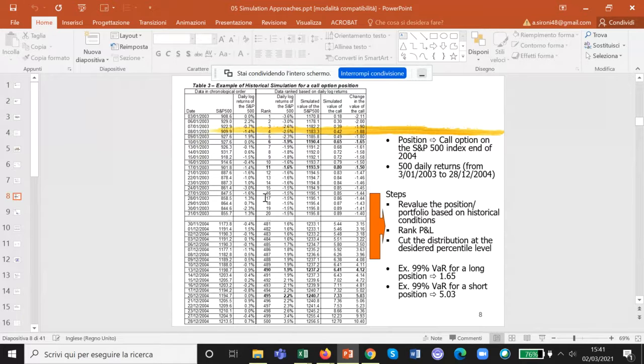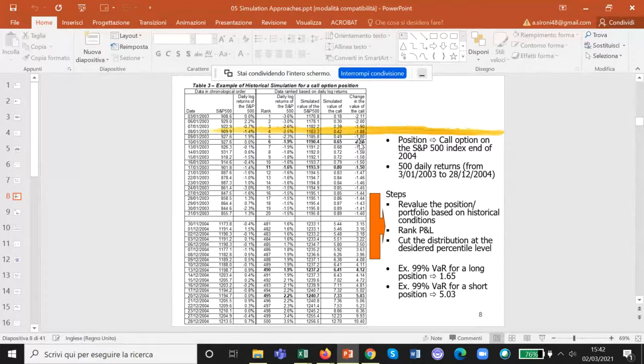Now here the point is very simple. If I have a long position on a call option, and I want to know my value at risk with 99% confidence level, my value at risk can be obtained by cutting the distribution at the 1 percentile of the distribution.